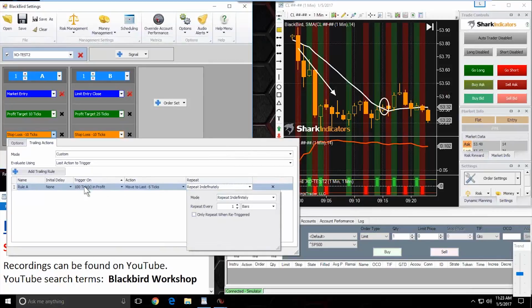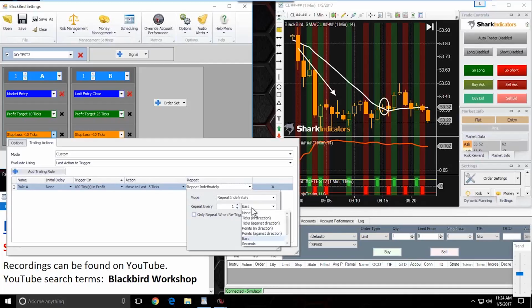So the very first trigger would be on a tick by tick, but then the second and third times that this triggers, well, that's gonna use the repeat rules here. That's gonna use the repeat section. So since our repeat is set to bars, then this trigger after 100 ticks in profit would only trigger when the bar closes.